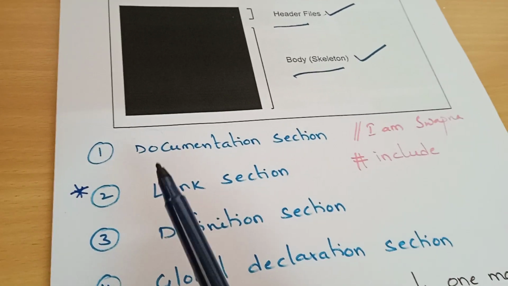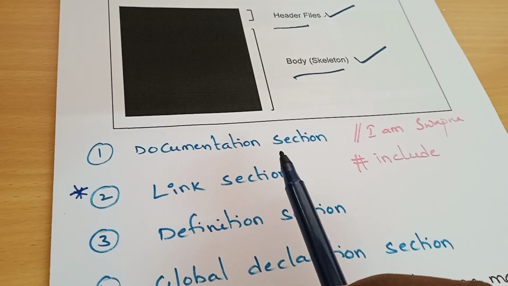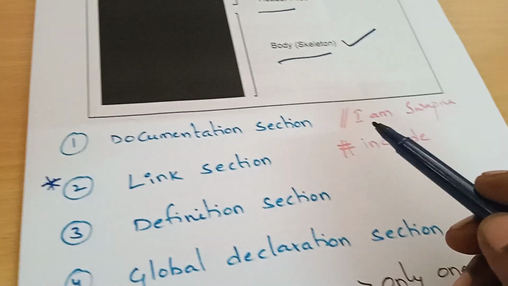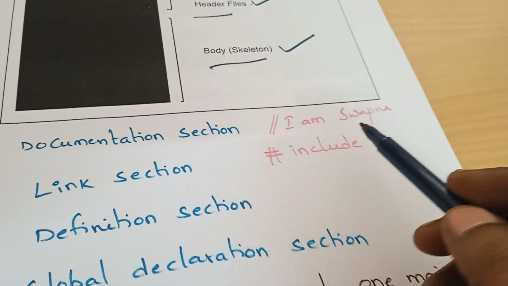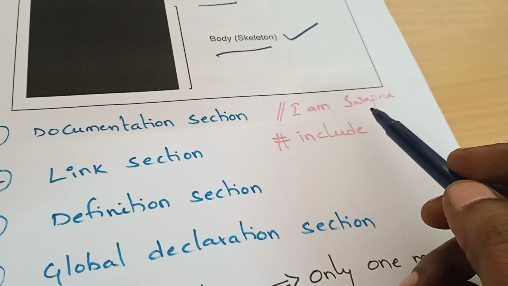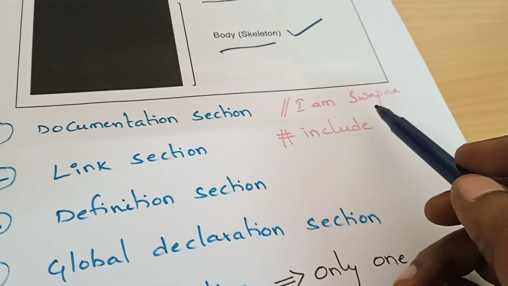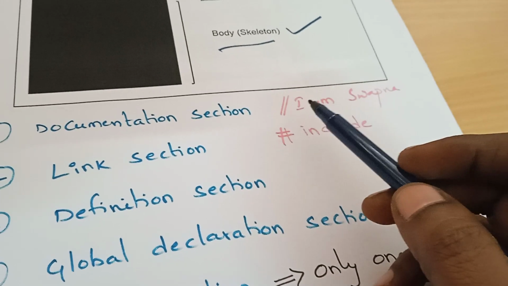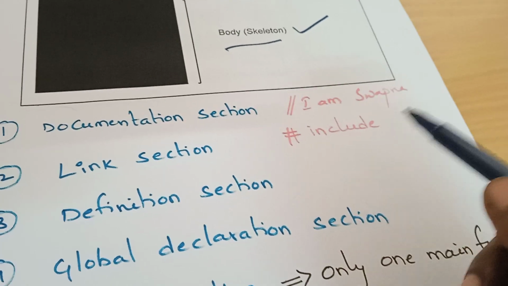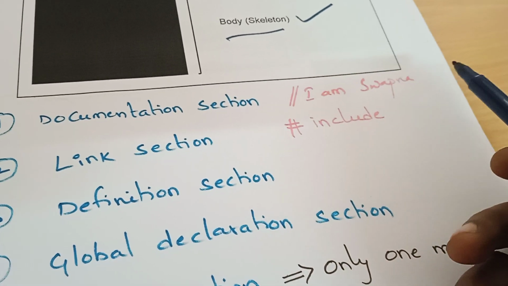The first is the documentation section. In this we write some content which is not executable. I wrote here, I am Swapna, author of the program, or this program is to demonstrate a sample message.